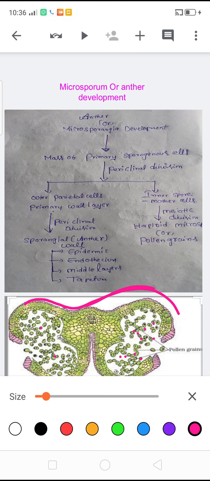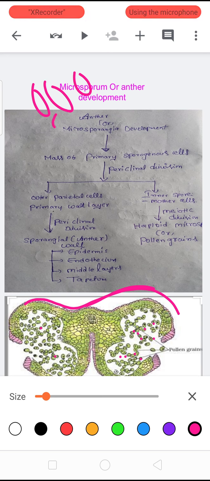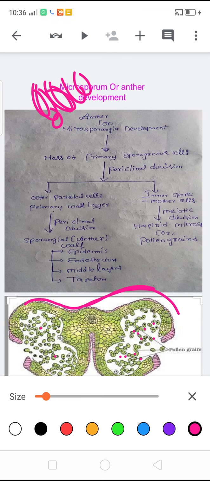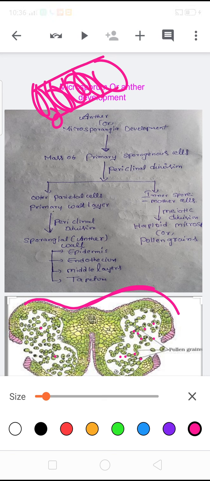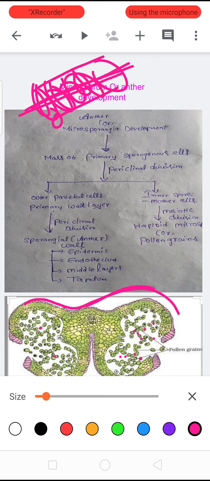Periclinal division means, in a group of initial cells or tissue that contains an upper surface and lower surface, the division takes place parallel to the surface. This division is known as periclinal division.